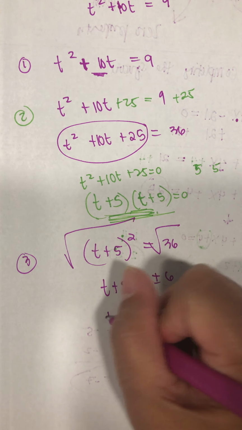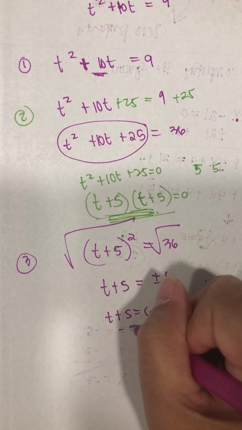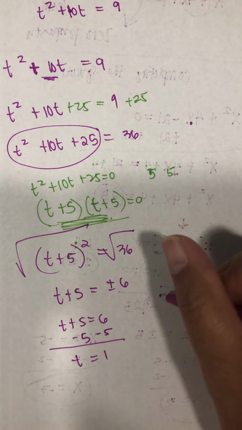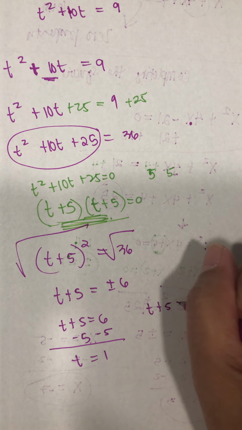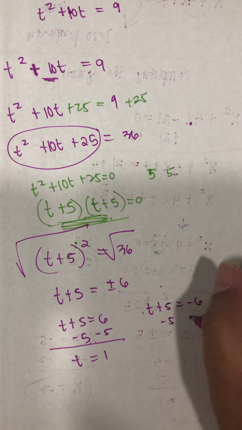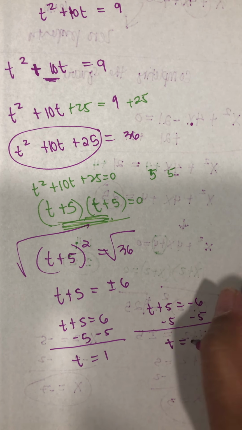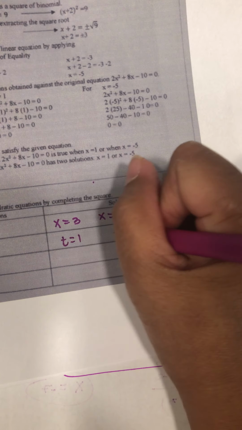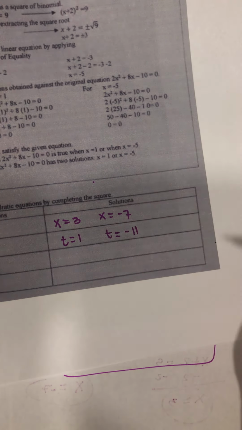Then t plus 5 equals 6, minus 5, minus 5, t equals 1. And then t plus 5 equals negative 6, minus 5, minus 5, t equals negative 11. So your two solutions are t equals 1 and t equals negative 11.